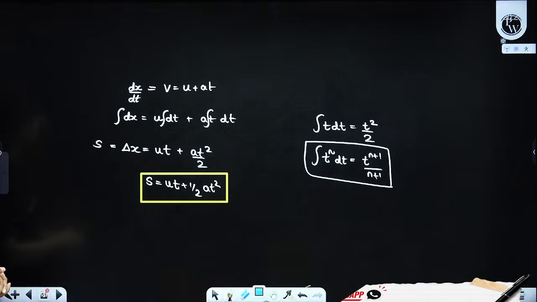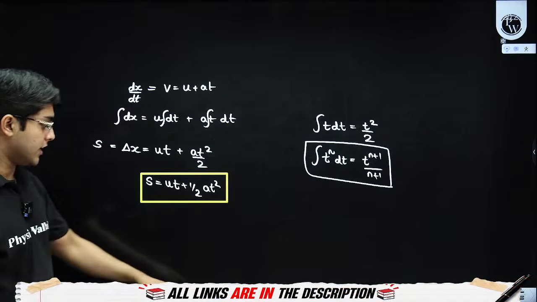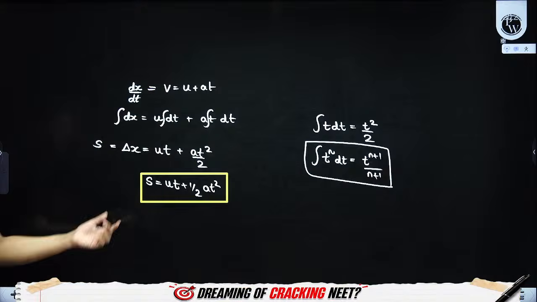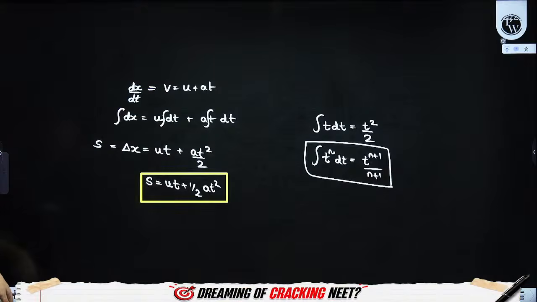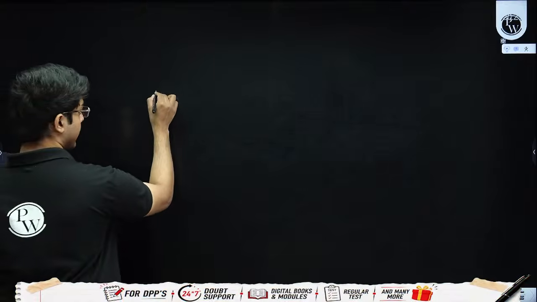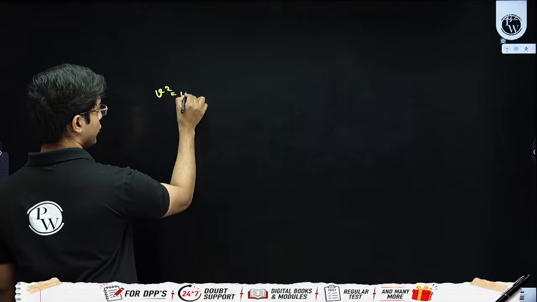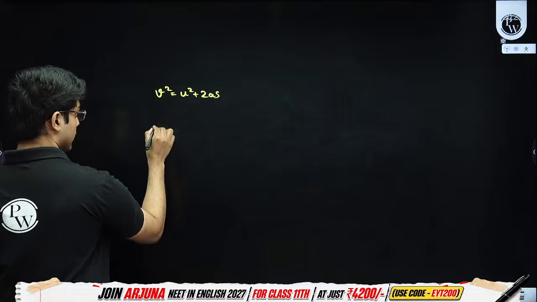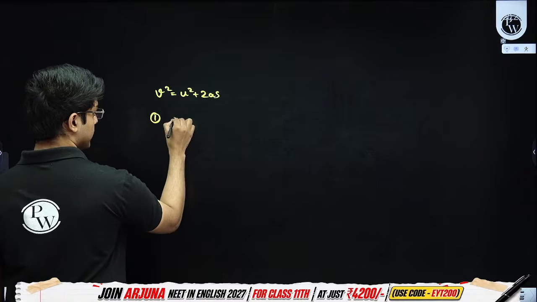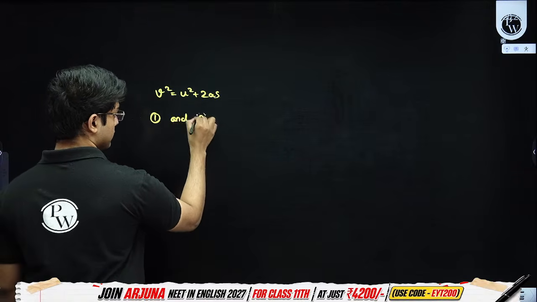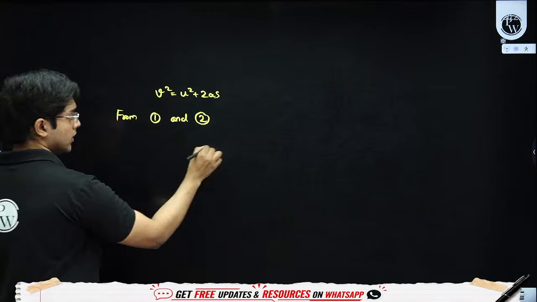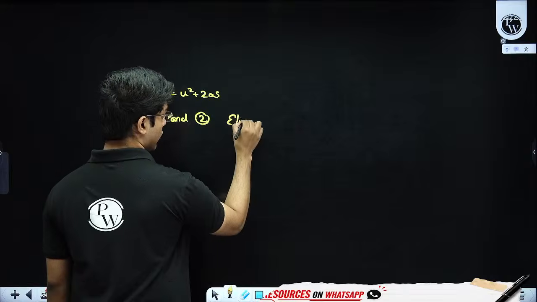Then speed is slow. Then I can speed up a little bit. So this I will give you as a hint. For the third equation, v square equal to u square plus 2as, what you can do is, from the first and second equation, you do this as homework: eliminate time.